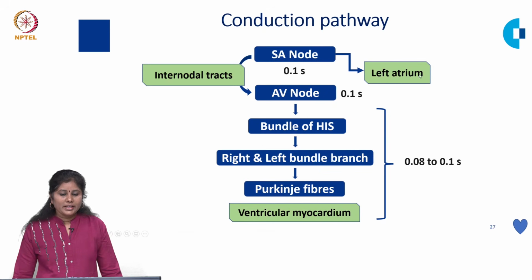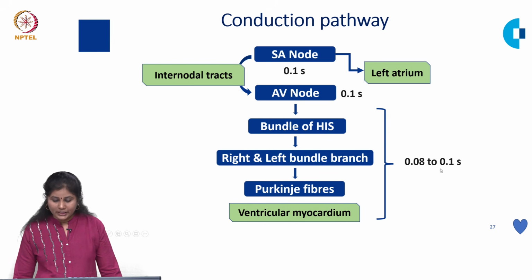Then we saw that the conduction pathway is complete within 0.3 seconds since its origin at SA node, and there is a delay of 0.1 second in the AV node, which is actually beneficial for producing a better cardiac output and better contraction.